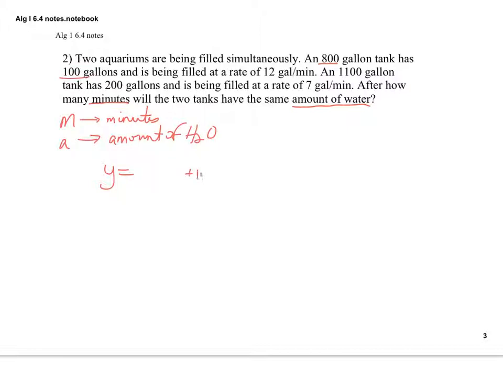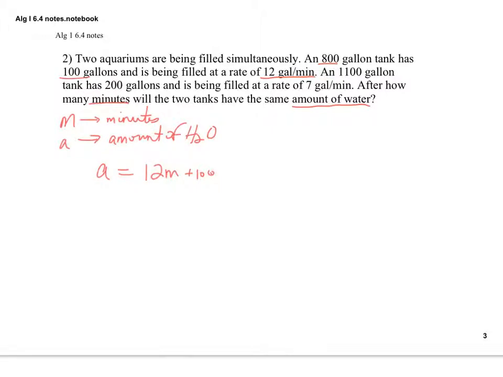That's the part where I'm starting there, and I am increasing at a rate of 12 gallons per minute. So I would say 12M right there. And instead of having Y right there, I made a mistake. I should have A right there.